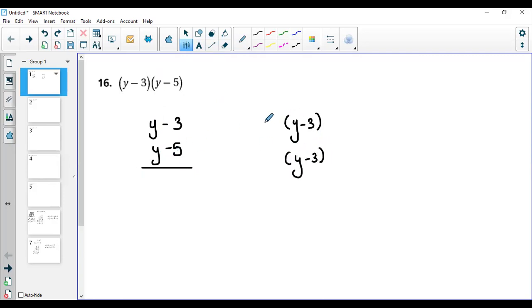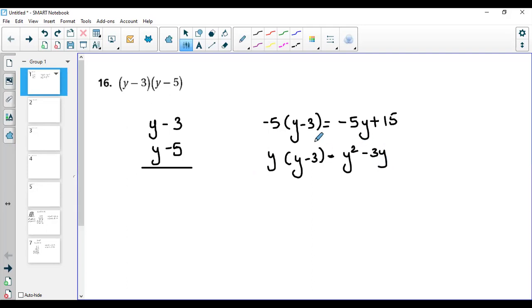First, we will multiply with a negative 5, and then we will multiply with y. So, negative 5 multiplied by y will give me a negative 5y, and negative 5 multiplied by negative 3 will give me a positive 15. Then here, y multiplied by y will give me y squared, because the powers are 1 plus 1. Then the other one will give me a negative 3y.